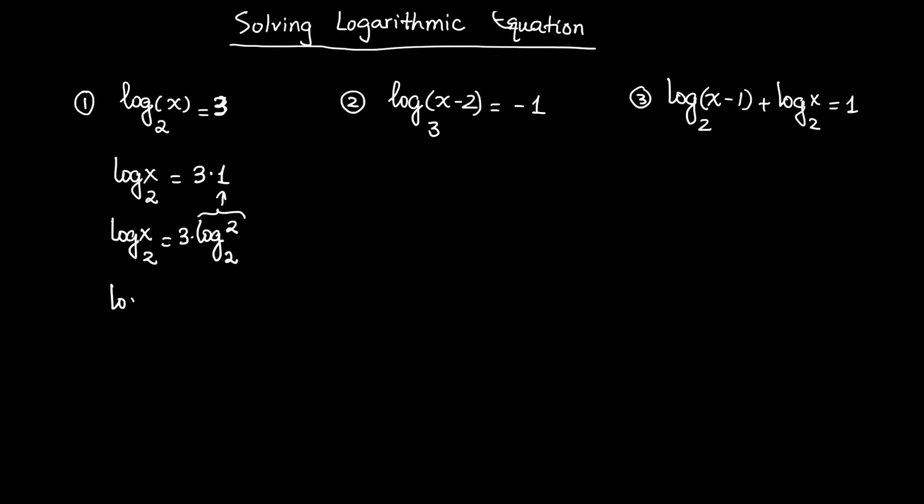From here, log base 2 of x equals log base 2 of 2. From the property, remember that the 3 can come up on top, so I have log base 2 of x equal to log base 2 of 8.